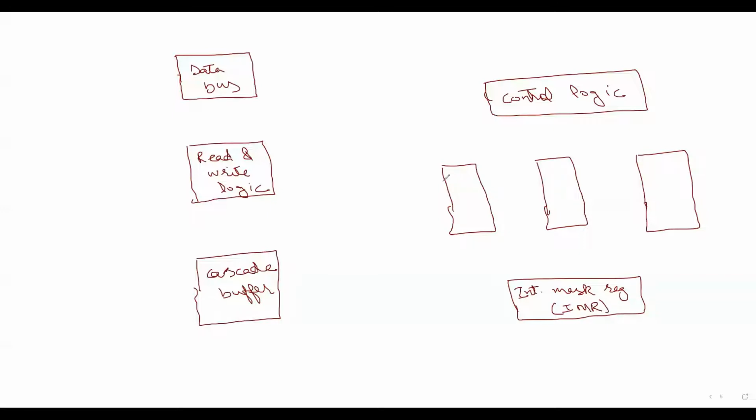This is the in-service register, ISR. This one is the interrupt request register. So you have to remember that these registers are of 8 bits. So this is 8 bits, this is 8 bits, this is 8 bits.